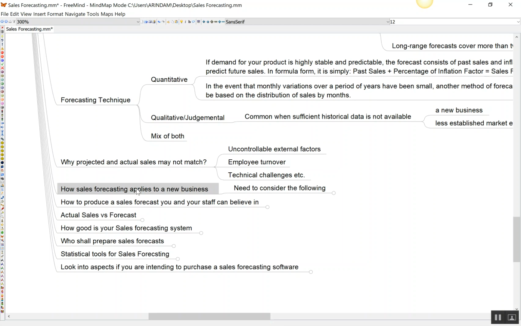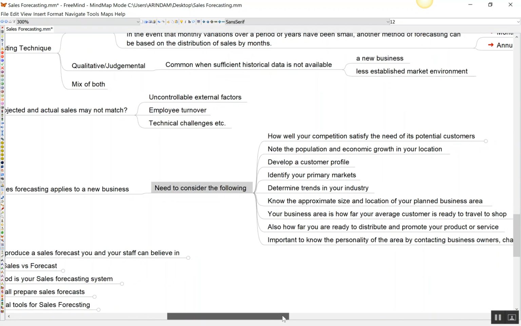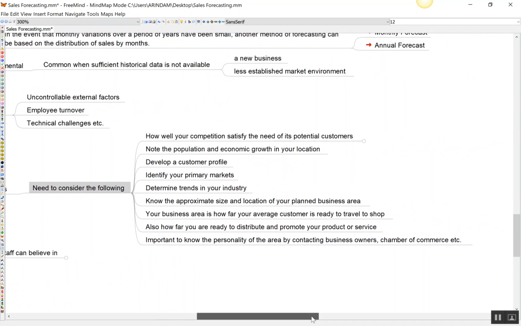Now, how sales forecasting applies to a new business, let's look into it. What are the factors one has to take into consideration in the case of a new business? How will your competition satisfy the need of its potential customers?